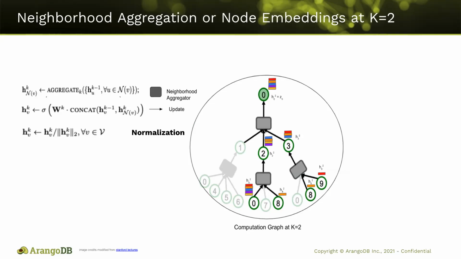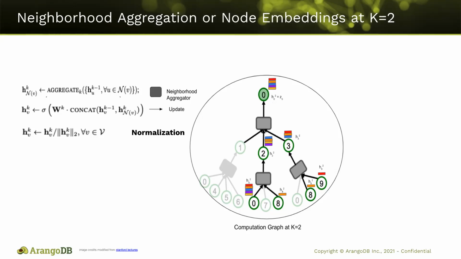Again, we perform the node's local neighborhood aggregation, but this time the target node 0 will have the information of its neighbors, which are at 1 hop distance and 2 hop distances. Then again, we repeat this process of updating and normalization for search depth k equals 2.